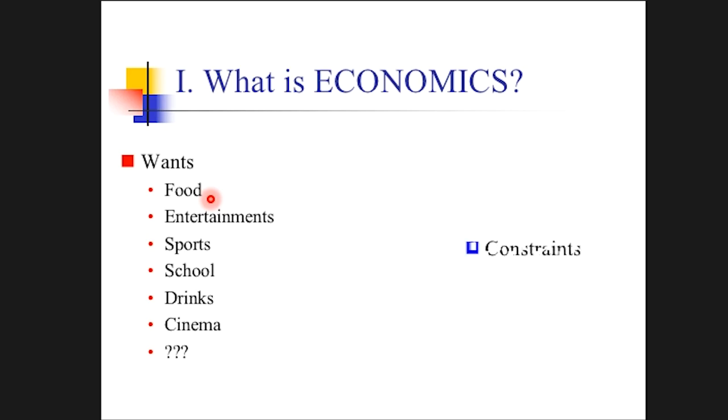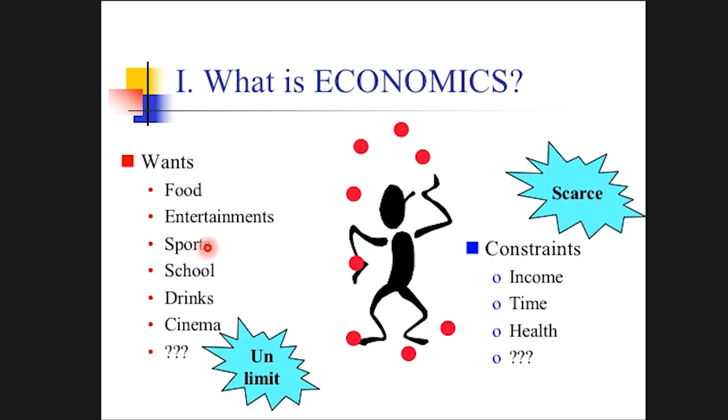He has given income, given time, given health. It means that the resources to satisfy the wants are scarce, but the wants are unlimited. If we use the constrained, scarce resources to satisfy the unlimited wants, it is very difficult to distribute the resources effectively.